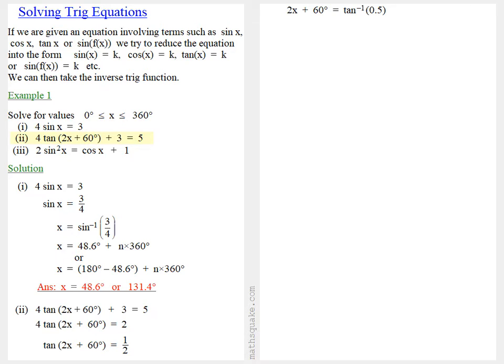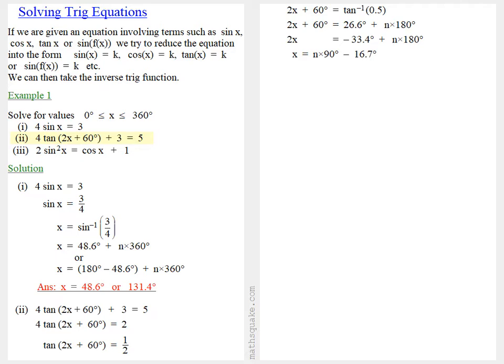Now the principal value is 26.6 degrees. So we have 2x plus 60 is 26.6 degrees plus n times 180. Now we can subtract 60 from both sides, so 2x equals minus 33.4 degrees plus n times 180, where n is any integer.